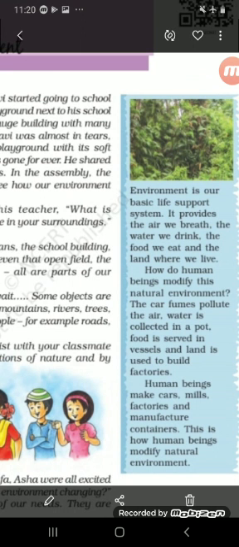Human beings make cars, mills, factories and manufacture containers. This is how human beings modify natural environment. We made buildings, factories, cars, all these materialistic things in our life. But side by side, environment has also been affected. Okay, this is how we are changing our natural environment.